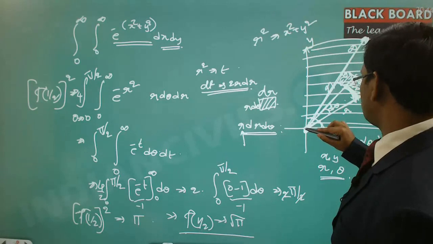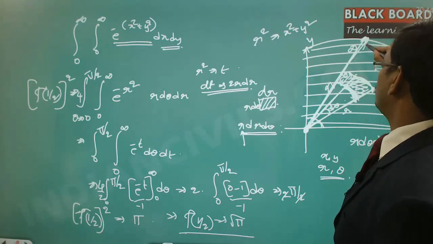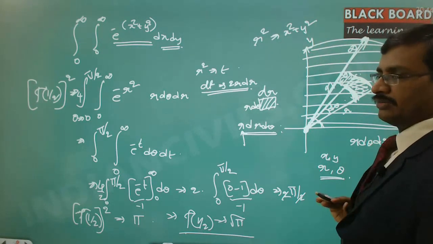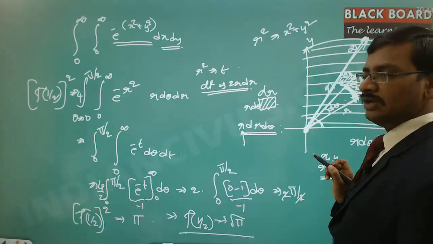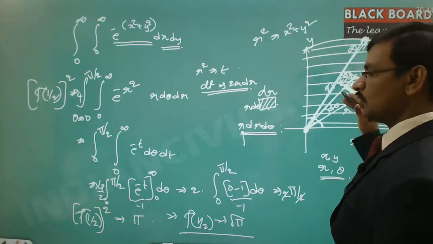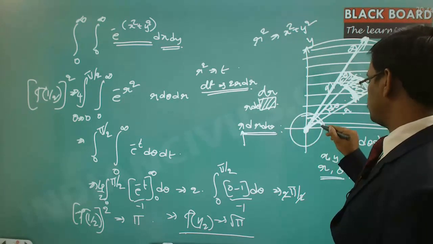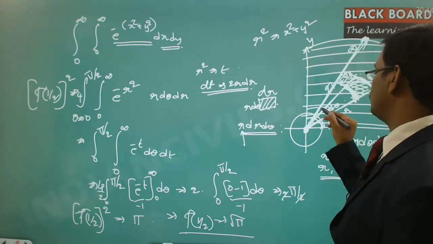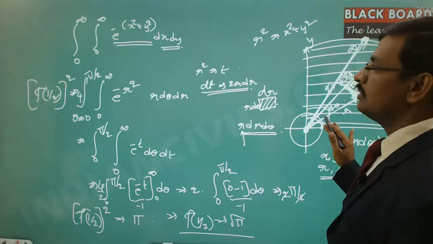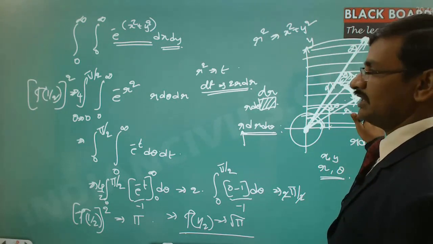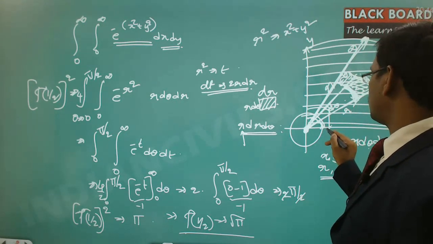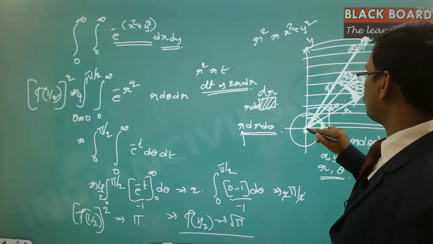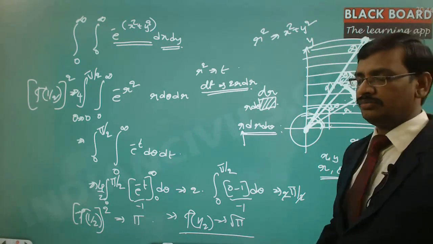Hence it starts from here and goes to infinity to cover this entire first quadrant. To cover all 4 quadrants, theta has to vary 360 degrees, but if you want only the first quadrant, then it is only a 90 degrees change. So this area is identified in polar coordinates as theta varying from 0 to pi by 2 and r varying from 0 to infinity. Got it?